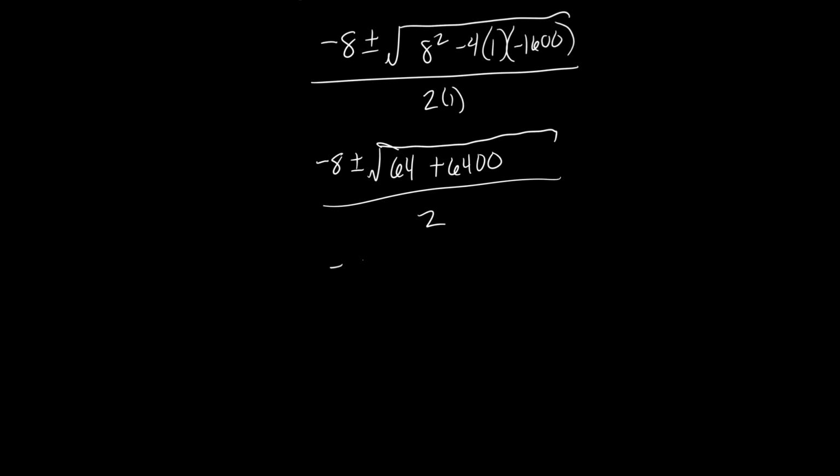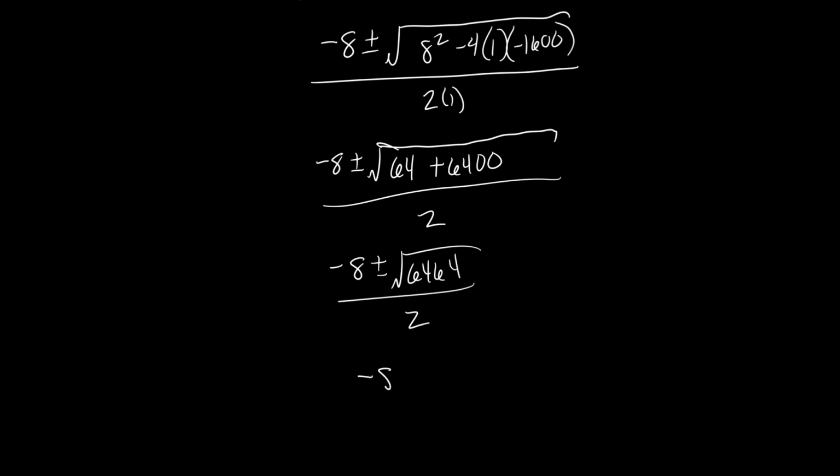That's negative 8 plus or minus the square root of 64 divided by 2. Pretty sure I'm just going to be using the plus down there, but let's go ahead and figure out what the square root of 64 is. I get 80.4.